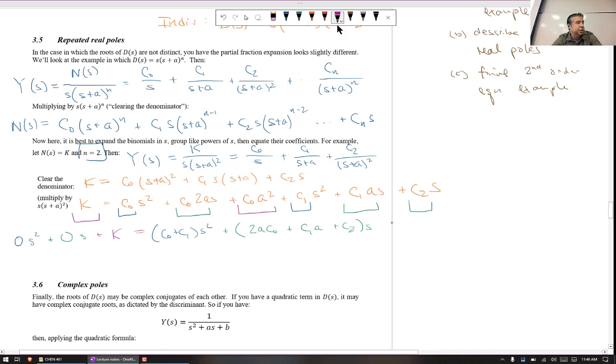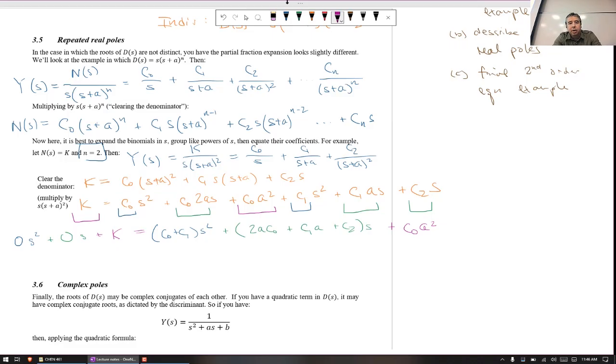And then finally my constant is plus C0 a squared. So you see that both sides of the equation have been grouped according to what power of s each term has. And so now I can set the coefficients of each power of s equal to each other.